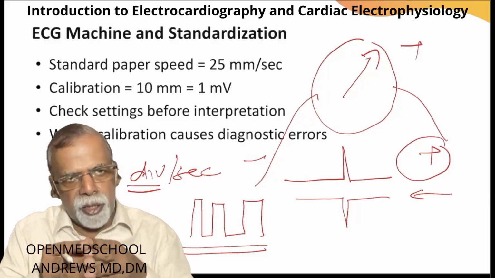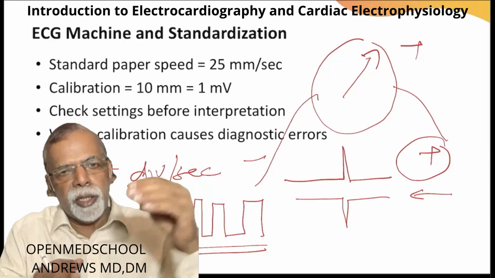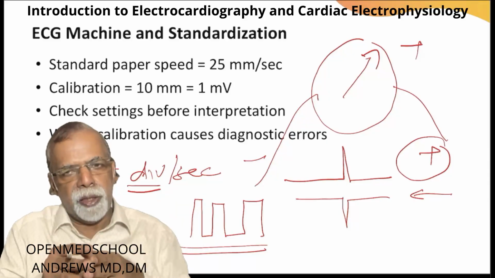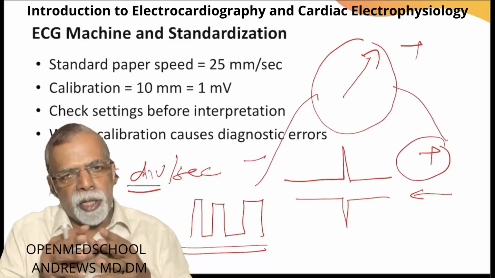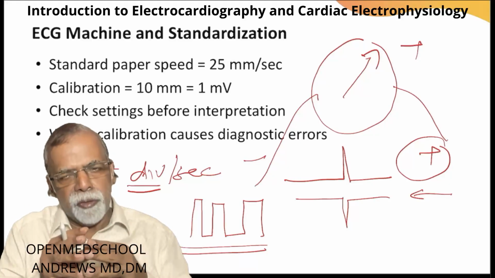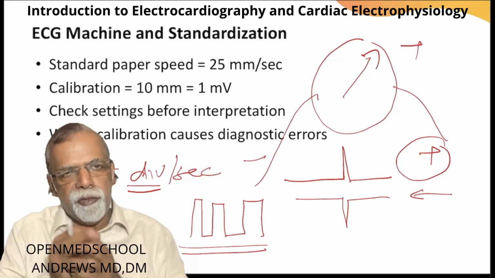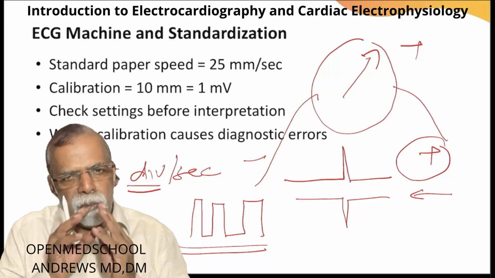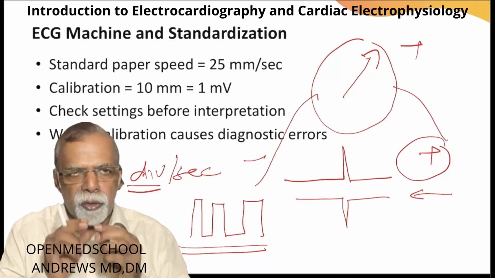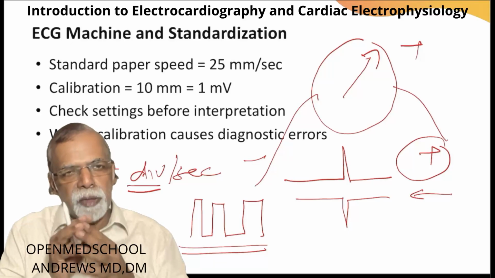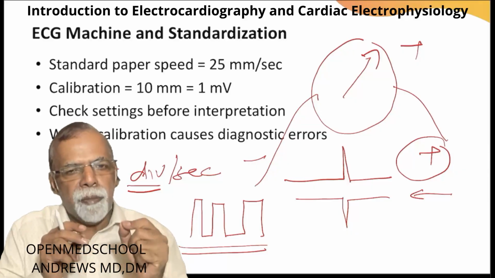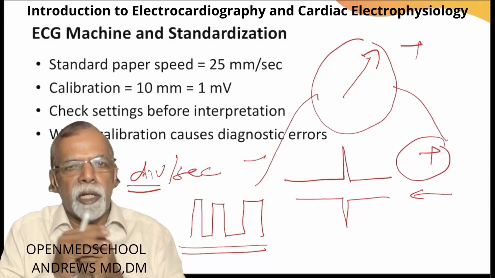Sometimes it is put as half standard when the voltage is very high. Sometimes the paper is run at a speed of 50 per second, then it will be written separately. If it is not written, remember the paper is running at a speed of 25 small divisions per second, and 10 millimeters is equal to 1 millivolt.